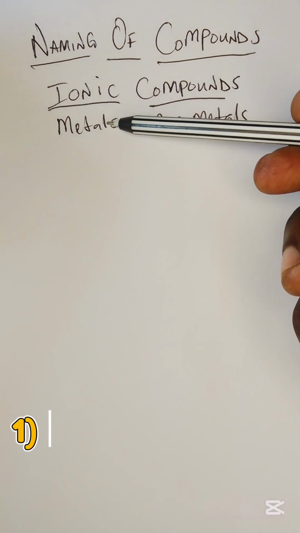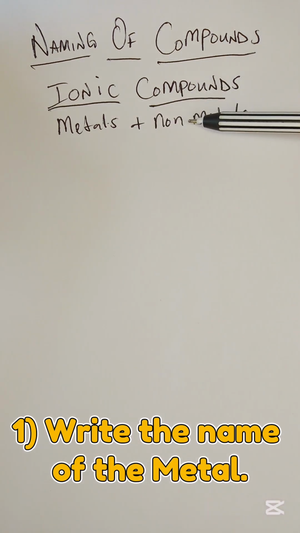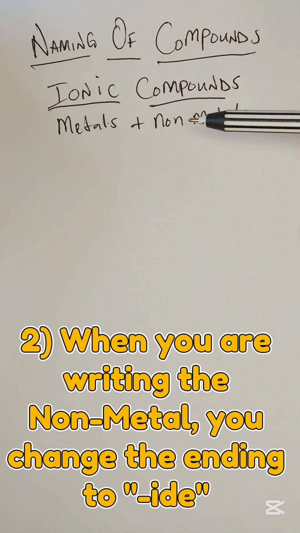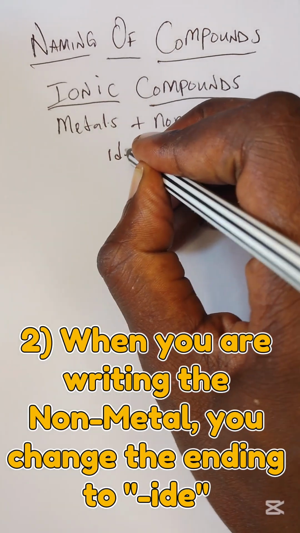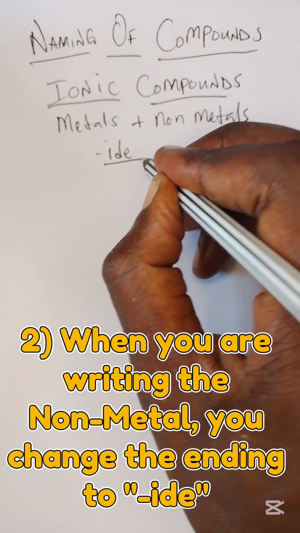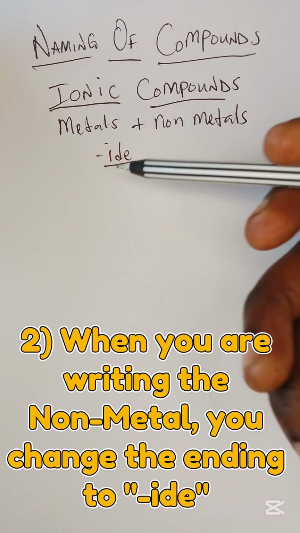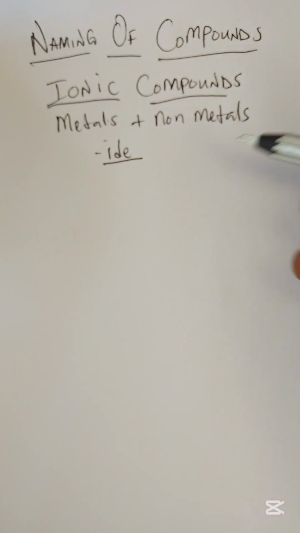So you write the name of the metal and also the name of the non-metal, but when writing the non-metal, you change the ending to IDE. You add IDE at the end.